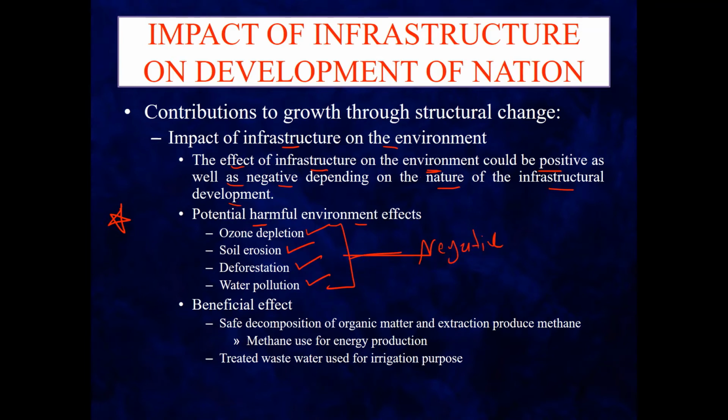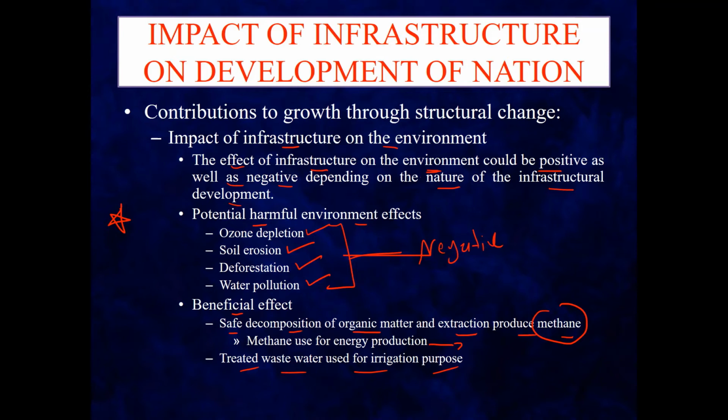Similarly, we have beneficial effects like safe decomposition of organic matter and extraction of methane, and this methane is used for energy production, right? And treated wastewater is used for irrigation purposes. So infrastructure has negative impacts like ozone depletion, soil erosion, deforestation, water pollution and many others.